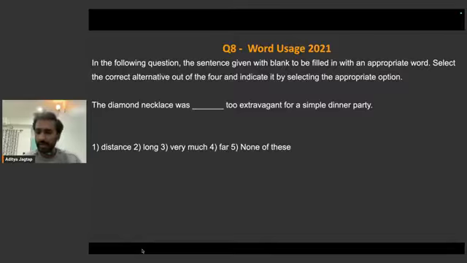Let's look at question 8, another 2021 question of word usage. The diamond necklace was dash too extravagant for a simple dinner party.